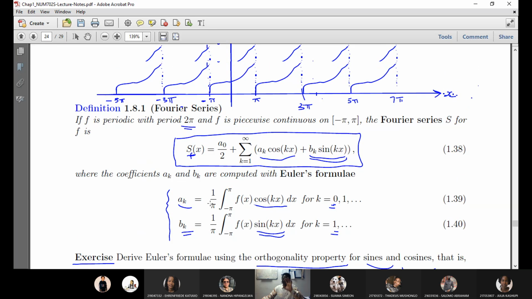That's why we fix it to 2 pi, to make things simpler for you. For those of you who are interested, there are many textbooks in the library and many tutorials online where you get the definition of Fourier series for an arbitrary period T, with the formulas given.